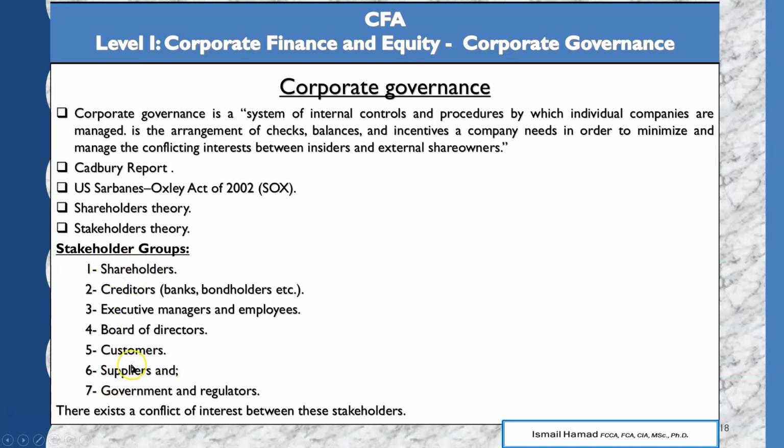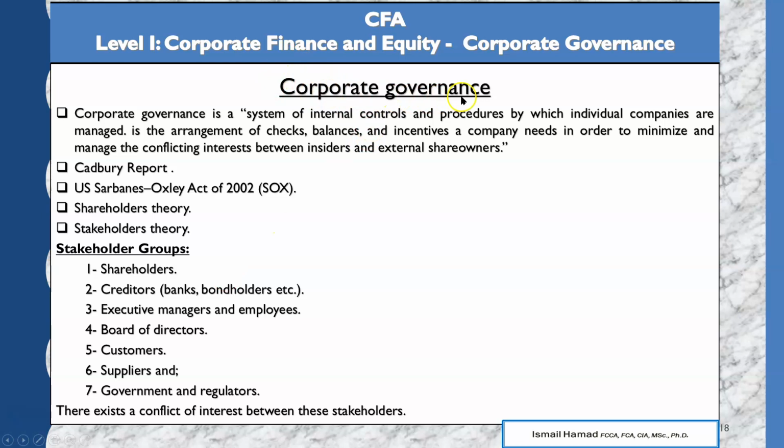And so on with suppliers. If we squeeze them to get lower costs to help shareholders increase their profit, this will go against the supplier who also wants to gain profit. So these conflicting interests, we need to manage in a fair way.